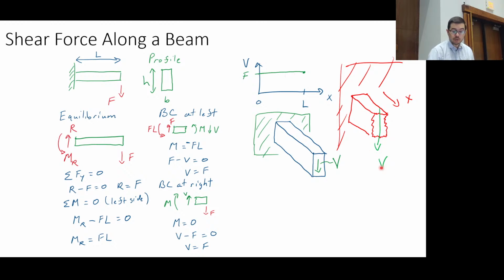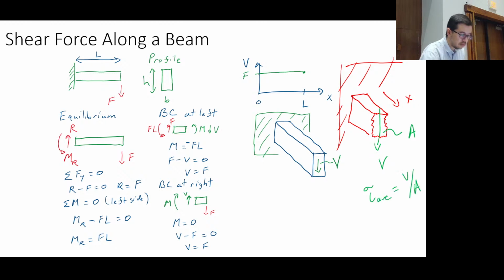And this internal shear force is going to be distributed amongst this area. So once again, we can kind of see that if this has some area, the average is going to be just V over A.